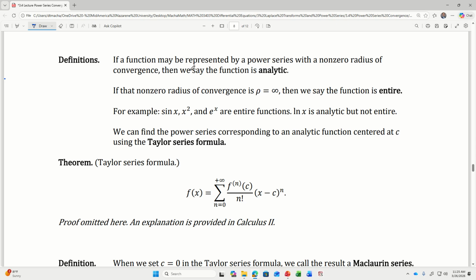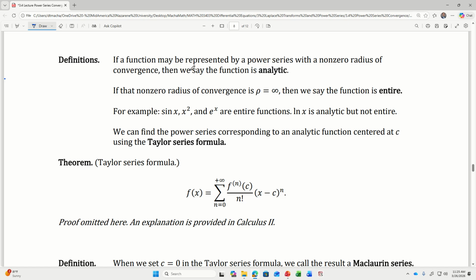Every polynomial is entire because a polynomial is its own power series, and obviously is defined on every real number. Sine and cosine are entire functions. E to the x is an entire function. There might be more, but I'm blanking.